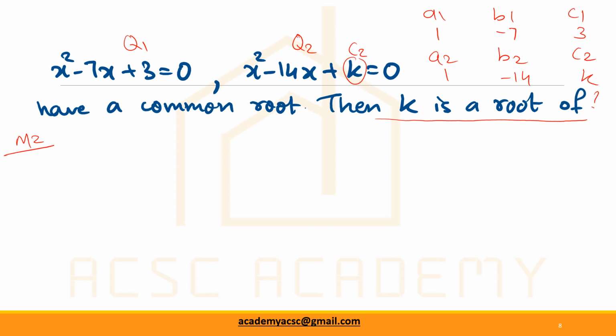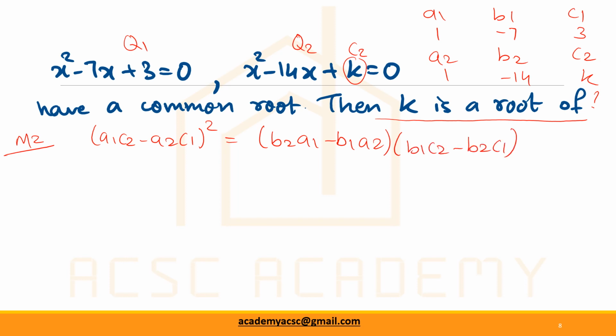So now we will apply the relation we have, that is (a1c2 minus a2c1) the whole squared equal to (b2a1 minus b1a2) times (b1c2 minus b2c1).